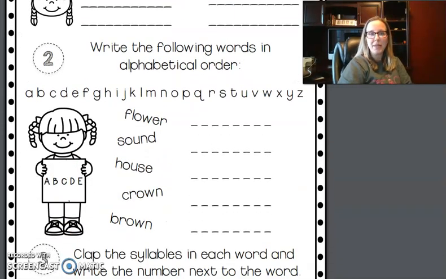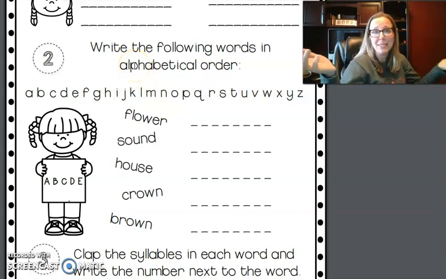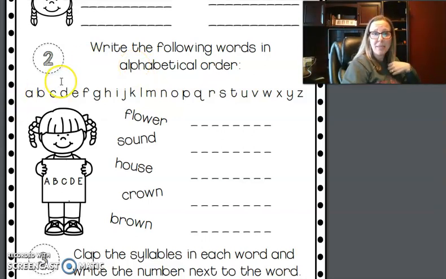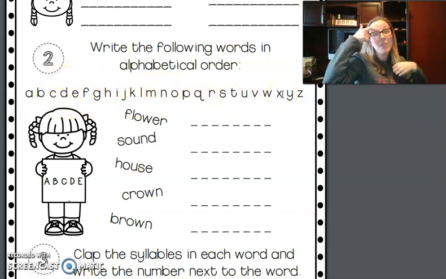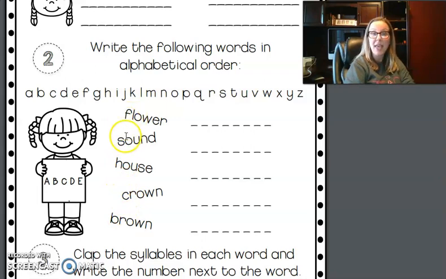So part 2 on this paper, boys and girls, says write the following words in alphabetical order. Now, alphabetical is just a fancy schmancy way of saying ABC order. And they put the ABC order right here for you at the top so that if you need an alphabet chart to look at to know your ABC order, it's there for you. So just as a reminder, you're going to start at the beginning of the alphabet with the letter A. And you'll look at all these words and see, do any of these start with A?